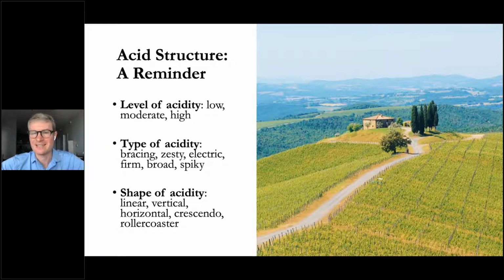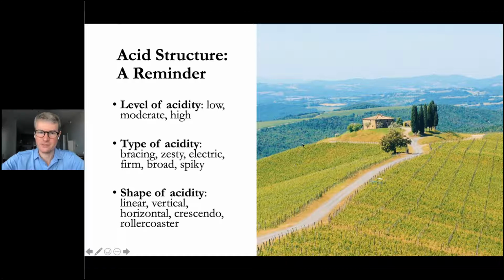And that effect is enhanced if there is residual sugar in your example. Of course, sugar softens anything. Louise is saying that the acidity begins strong, disappears, and then comes back strong again, similar to what Vidya is saying. Kathleen is saying it's vertical. Okay, good. Some great responses there.